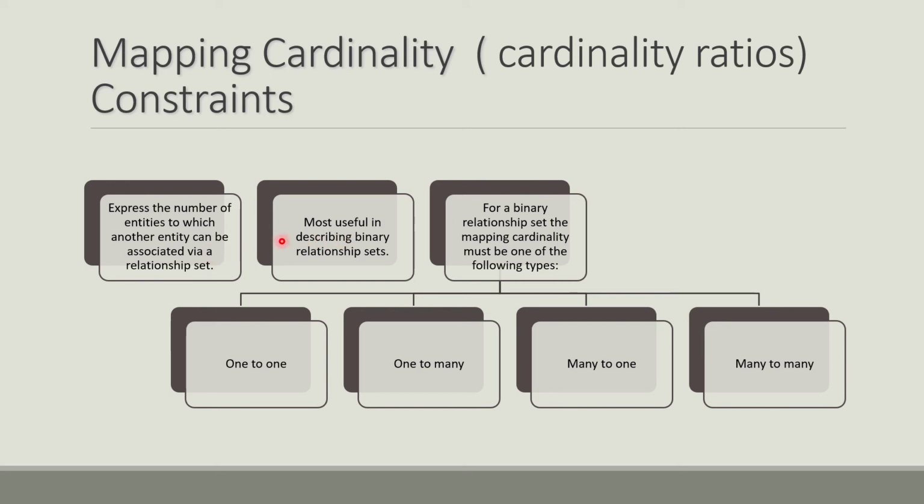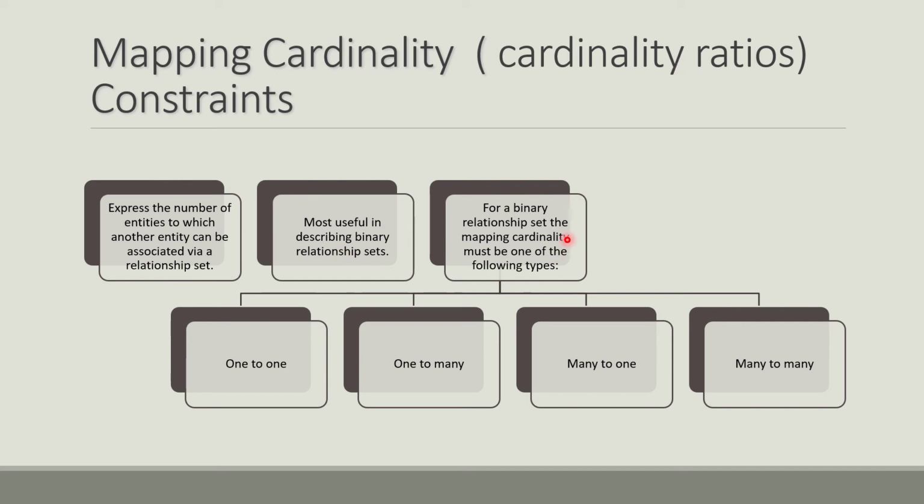It is very useful whenever we are describing a binary relationship. A binary relationship is the relationship between exactly two entity sets. If you take any entity from each entity set, we want to count how many entities the other entity is related to, and that is called the mapping cardinality or cardinality ratio.